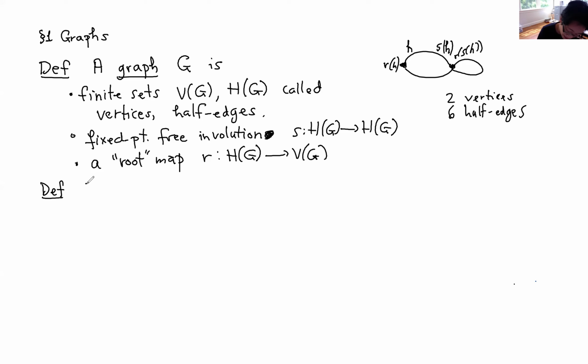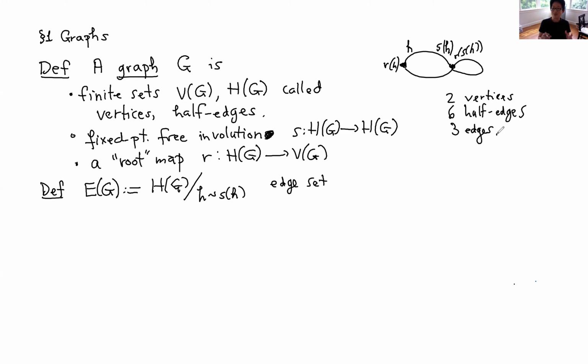It's just the set of 2-element equivalence classes of half edges under the involution S. So we take H and identify it with S of H, and this is called the edge set. So in our running example here, we have 3 edges. And that's a graph. Is it okay?